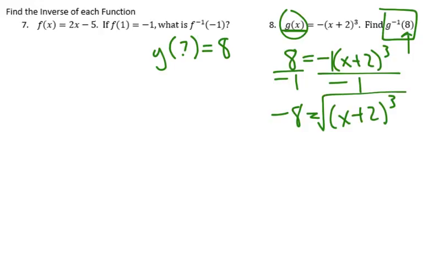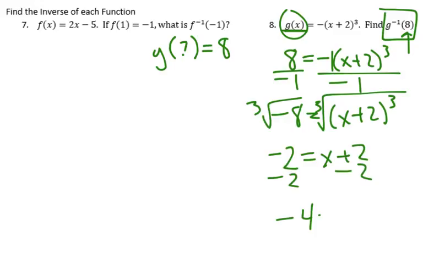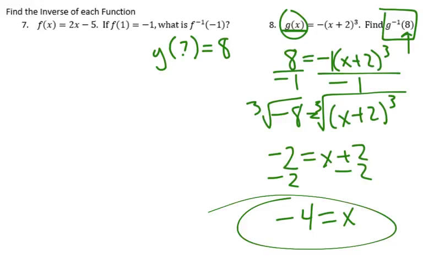I'd have to take the cube root. Cube root of negative 8 would be negative 2, equals x plus 2. Then subtract 2, and we'd end up with negative 4. Either way you do it, you end up with the same thing. You're doing the same process, just one you're doing without the inverse, the other one you are. So I know that g of negative 4 equals 8.